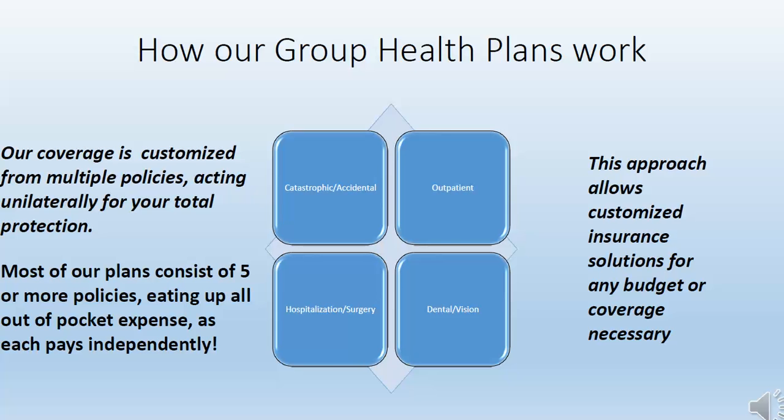So what that means is, depending on what kind of a claim you have, you may have 1, 2, or 3 policies paying out simultaneously. And just because policies 1 and 2 pay doesn't mean that policy 3 is off the hook. Now, when you go make a claim, you don't have to give them 5 different cards. This is how we break it down behind closed doors to be able to eat up all the out-of-pocket expense.